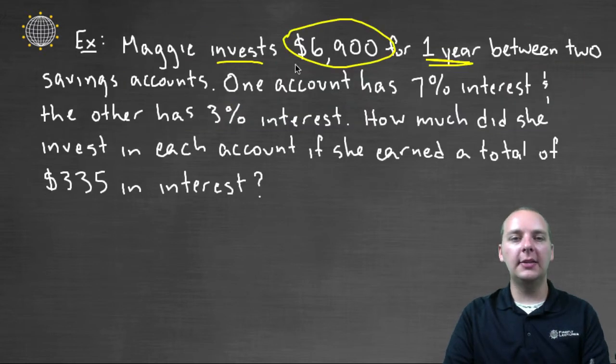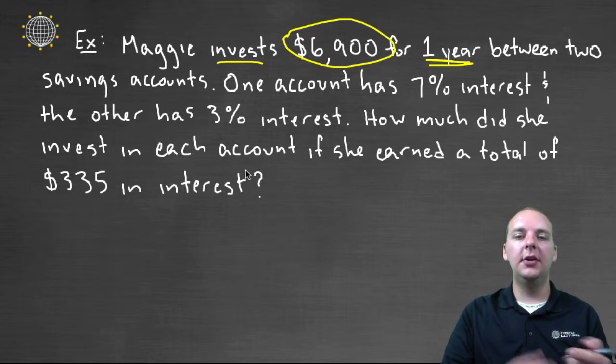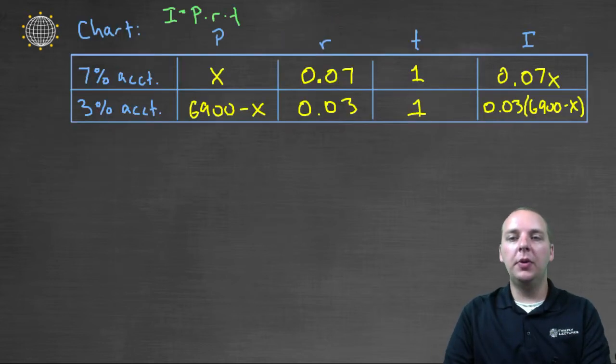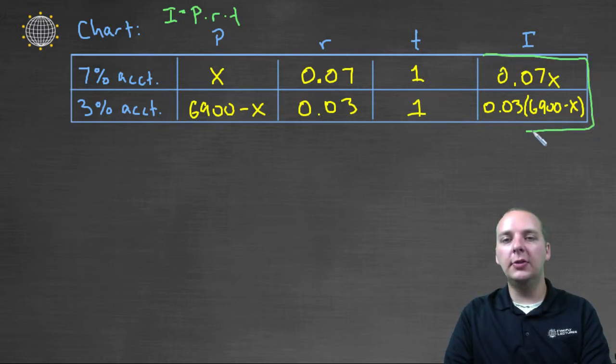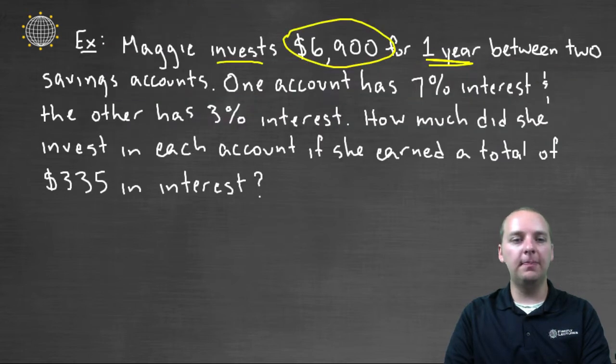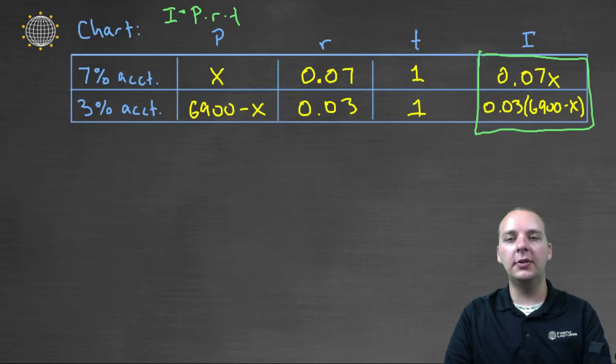Well, let's look back and see if we haven't used anything in the problem and see what we're looking for. The end question said, how much did she invest in each account if she earned a total of $335 in interest from both accounts? So when we look at this here, one thing that catches my eye is the fact that we know the interest coming from account A and account B, the 7% account and the 3% account. And it says total, we had, what was it? $335 in interest.